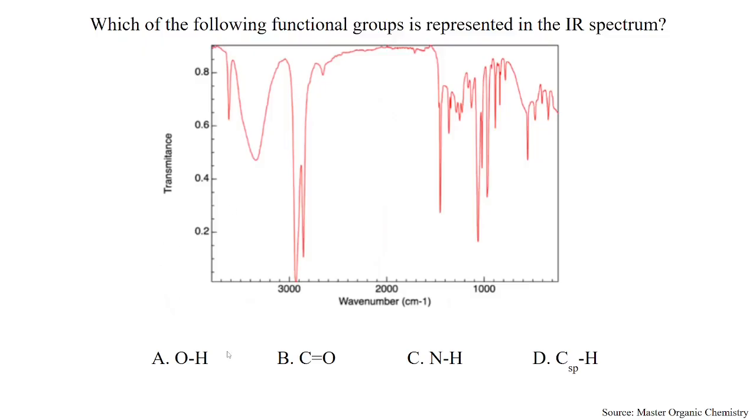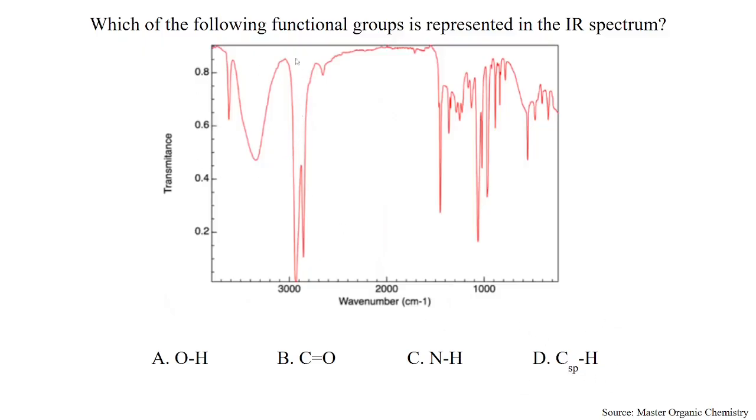Looking at the options, you have an OH bond, a carbonyl bond, an NH bond, and a carbon sp. For an sp carbon, we need to see an additional peak roughly around 3000. Right here, we don't really see that peak around 3000, so we know that we don't have an alkyne, so we can eliminate D.